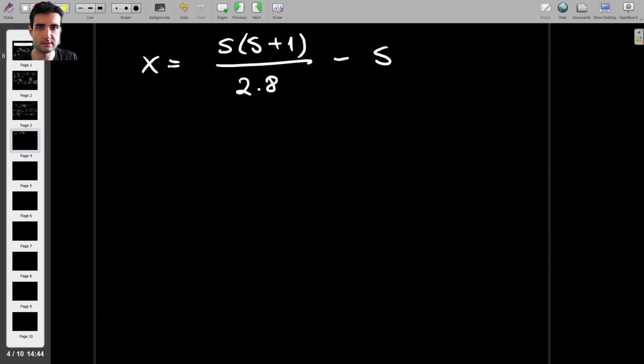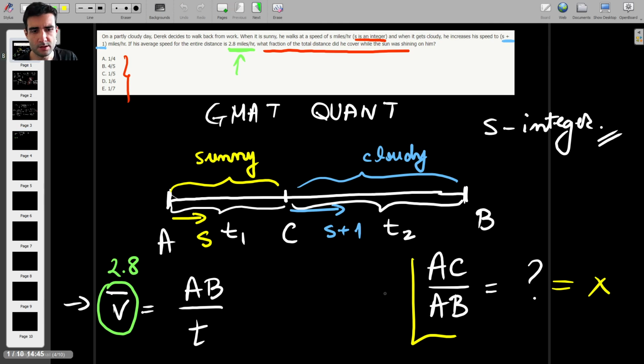Okay, so remember that this X value here is supposed to be a fraction. Not only that, but it's supposed to be a number less than 1. Why is that? Because X refers to the ratio between the sunny portion of the distance over the whole distance.